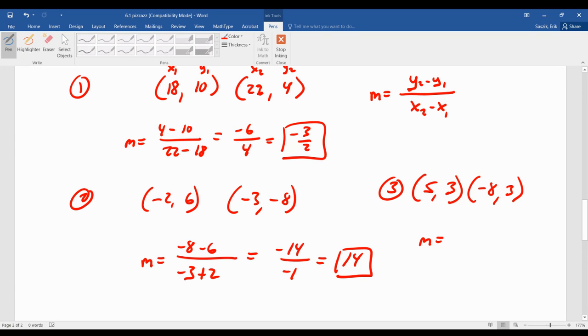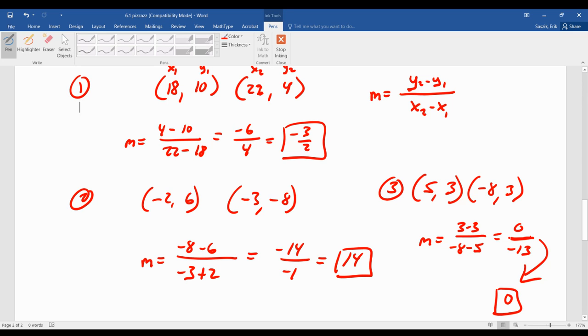So my slope, 3 minus 3, I could stop right there. Well, I could stop even earlier. Over negative 8 minus 5. The top is 0, you see? Bottom's negative 13. Who cares what the bottom is? When the top is 0, your slope is just 0.